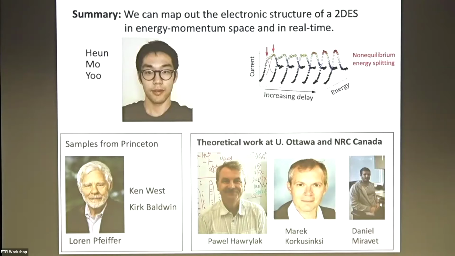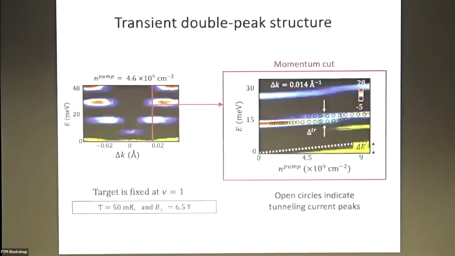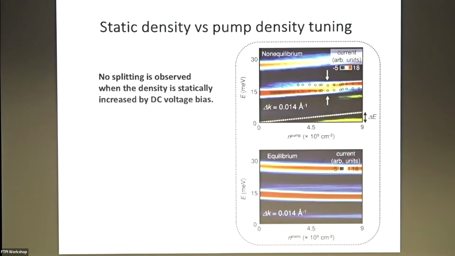But here there's a bit of the gating effect, which is why I showed this thing down here to see what would be the effect of gating. And the effect of gating is nothing in terms of doing funny things to the spectrum. But the effect of putting non-equilibrium electrons into n equals 1 is something else. It is creating some kind of new state.